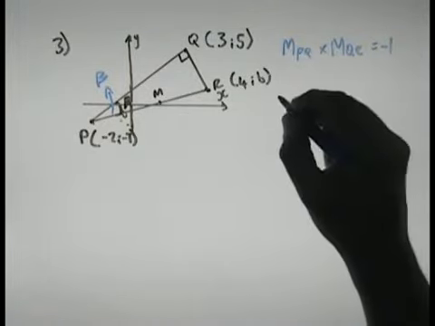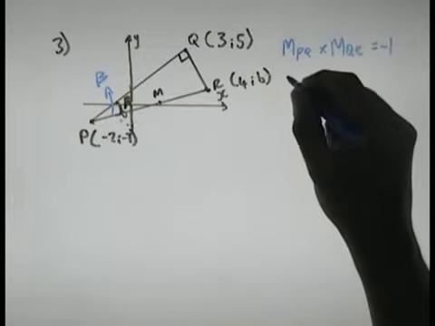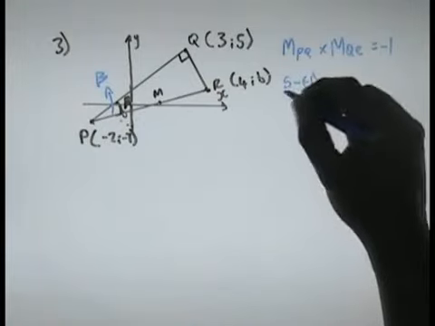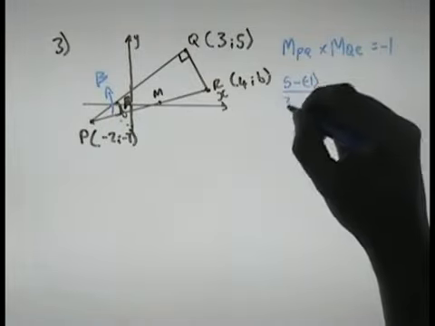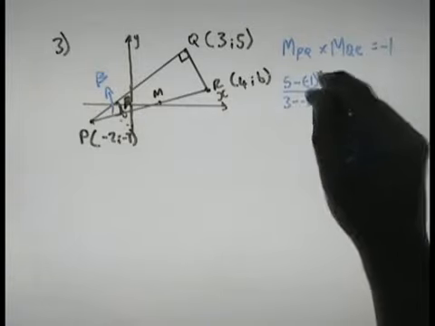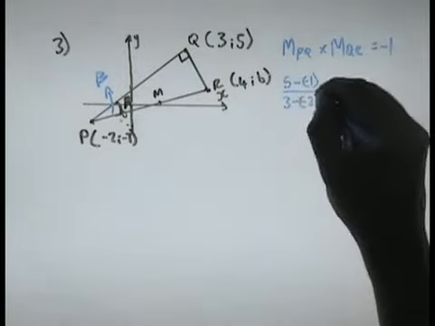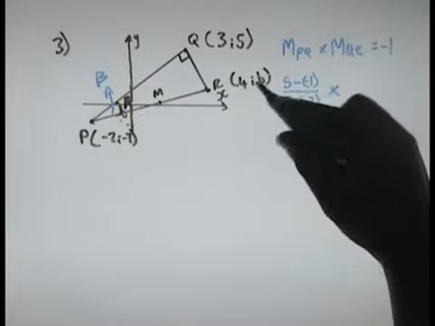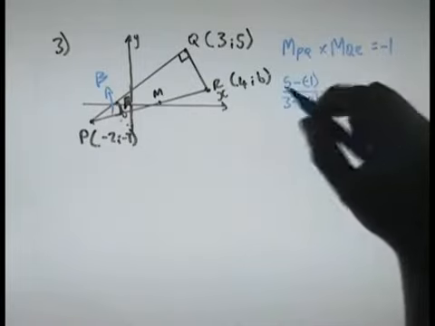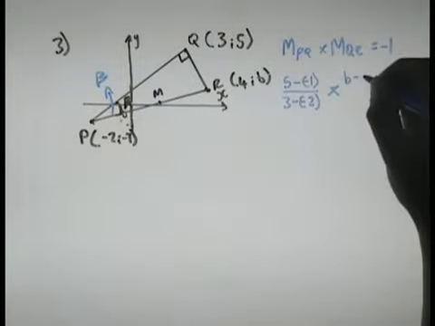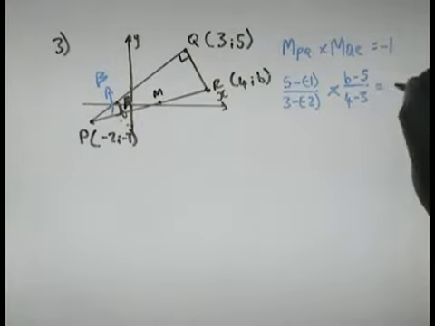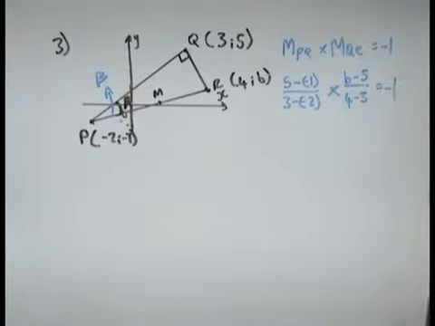The gradient of PQ is going to be given by y2 minus y1, so it's -1, over x2 minus x1, which is -2. That multiplied by the gradient of QR, which is y2 minus y1 over x2 minus x1, and those two multiplied by each other have to equal -1.